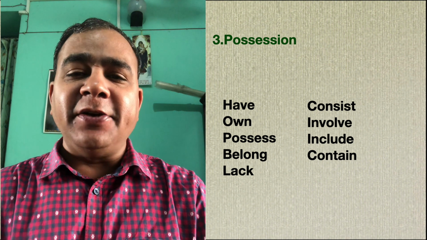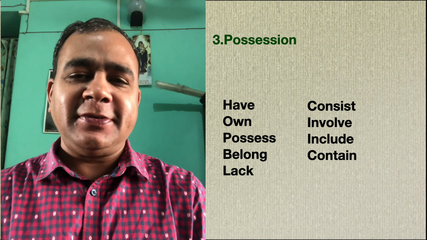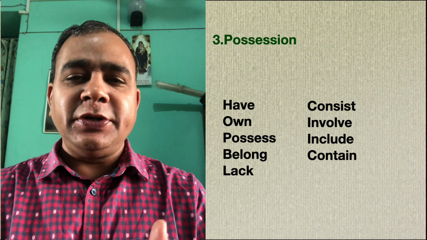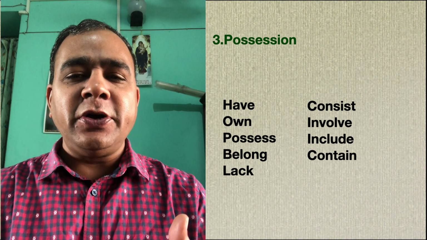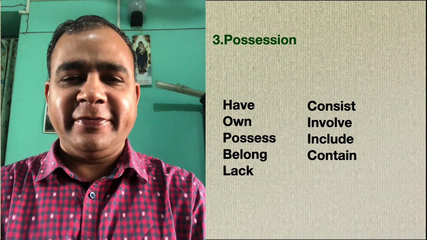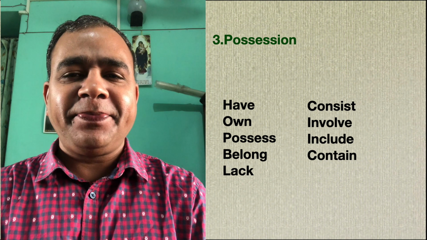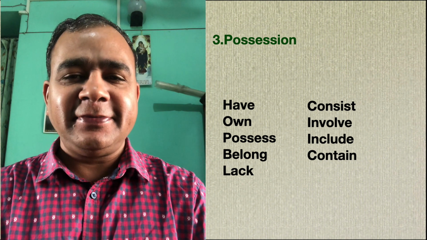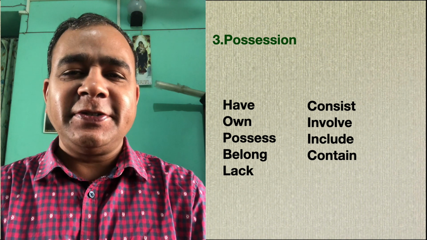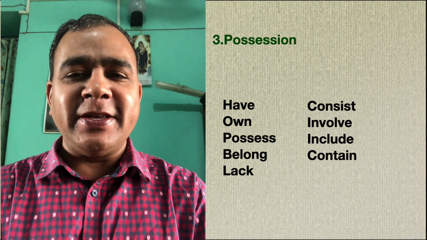The third category is possession. Words that are used to show possession. Okay? Let us see. I have 2 brothers. I have 5 sisters. Okay. You cannot say I am having 5 sisters. You cannot say I am having 2 brothers.